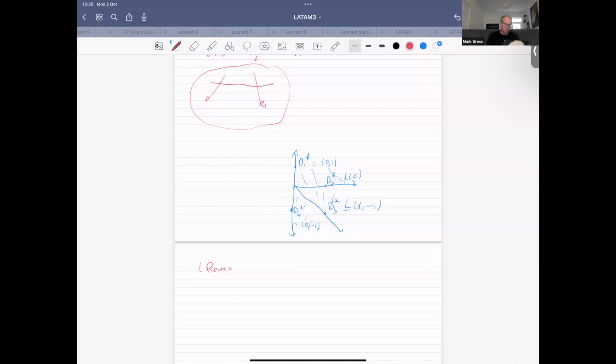Mark: for toric surfaces, for non-singular toric surfaces, I should add, it is easy to determine the intersection numbers.